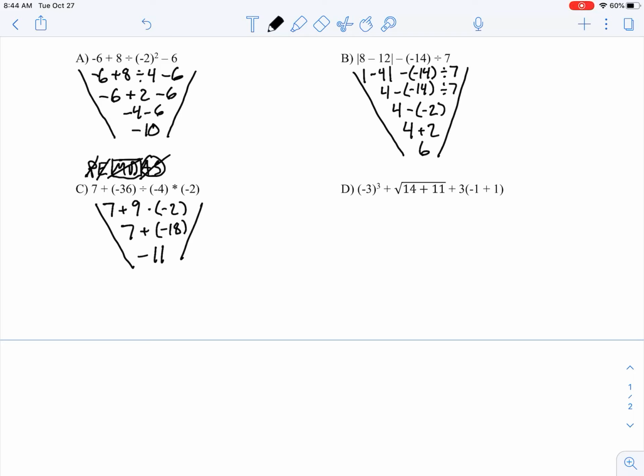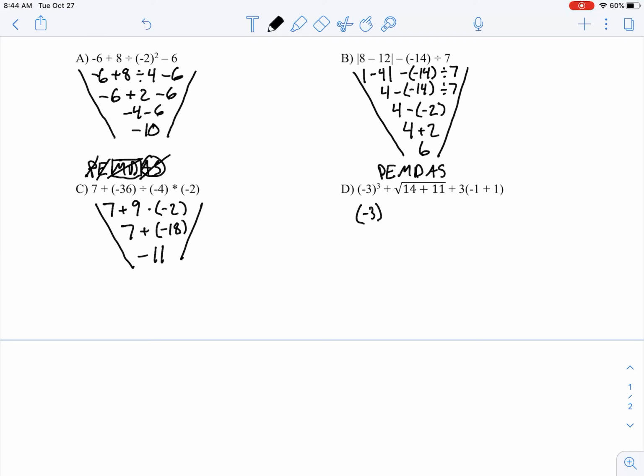All right, so this one's got a lot going on here, so we are going to write out our order again. So do I have any grouping symbols first? Well, grouping symbols included those square root signs, right?